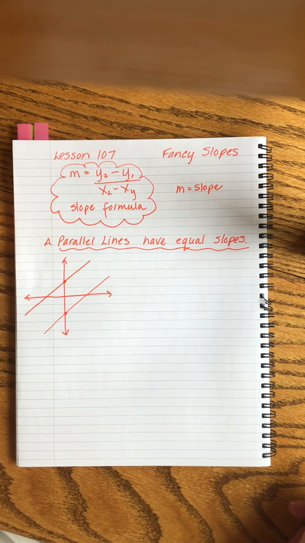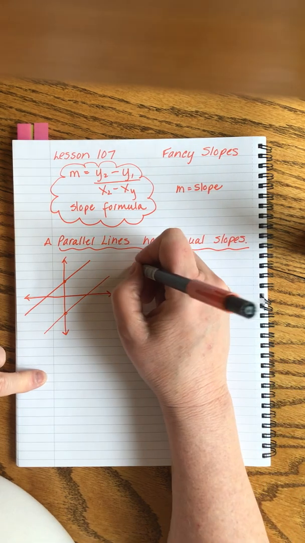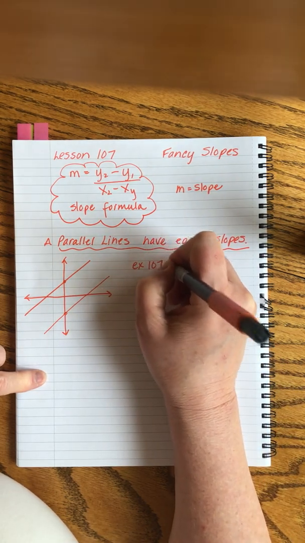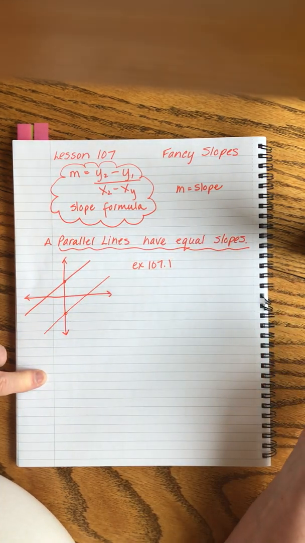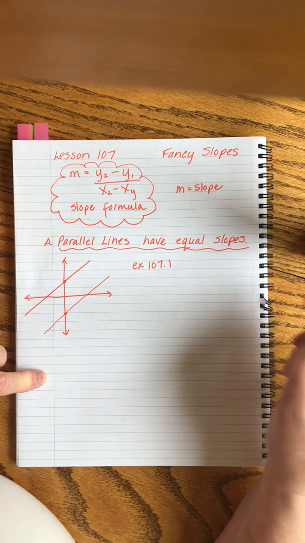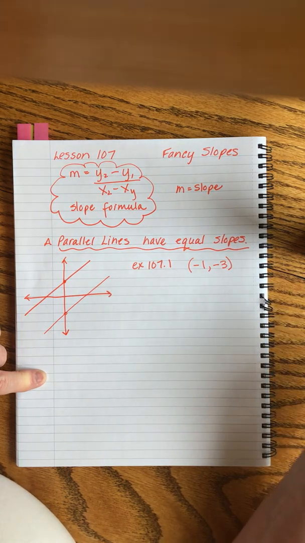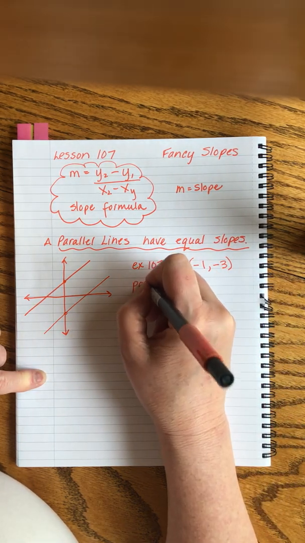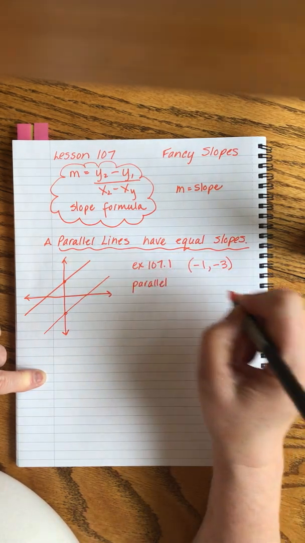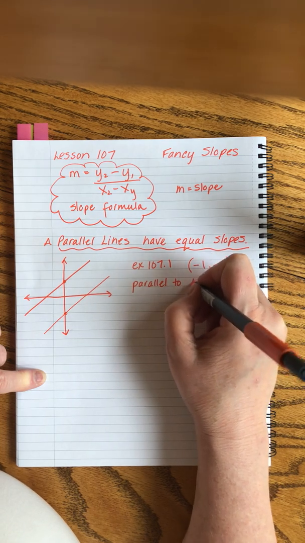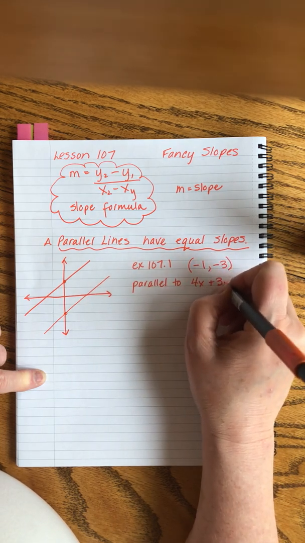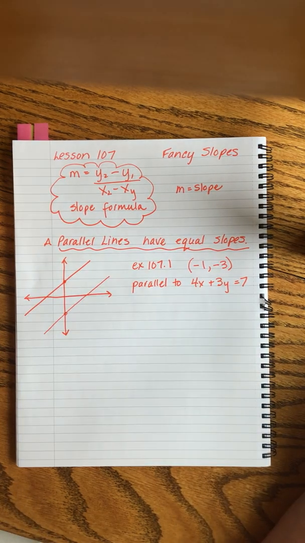Aha! So that helps us sort through a problem like example 107.1. Find the equation of the line that passes through this point and is parallel to 4x plus 3y equals 7.